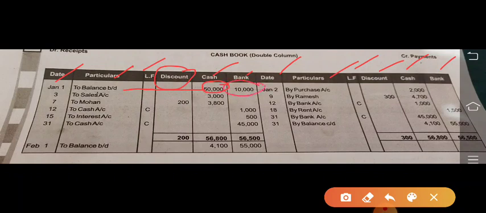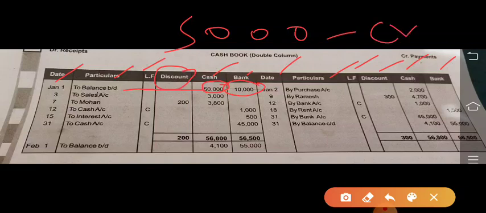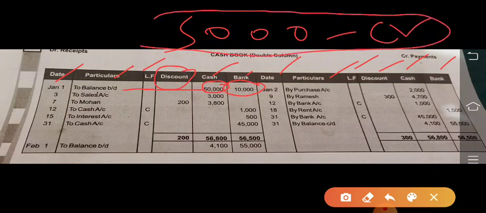Next point we have is purchased goods in cash for 2,000 and on credit from Ramesh for rupees 5,000. Now just think, students. We purchased goods 2,000 for cash and 5,000 from Ramesh. The goods of 5,000 that are purchased from Ramesh are purchased on credit, since there is no impact on cash or bank, so this transaction will not be recorded in cash book.